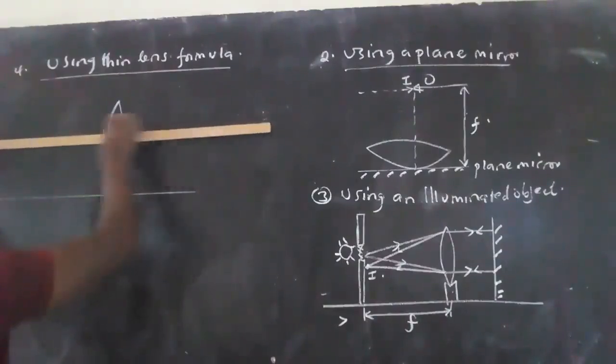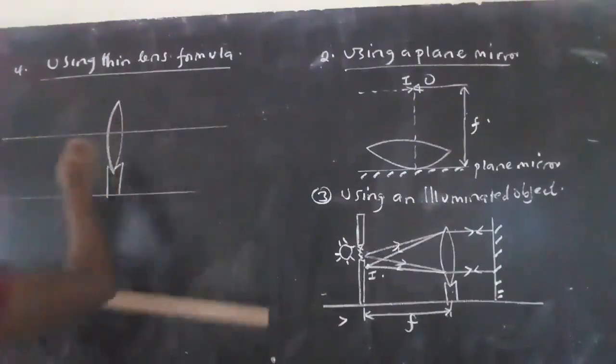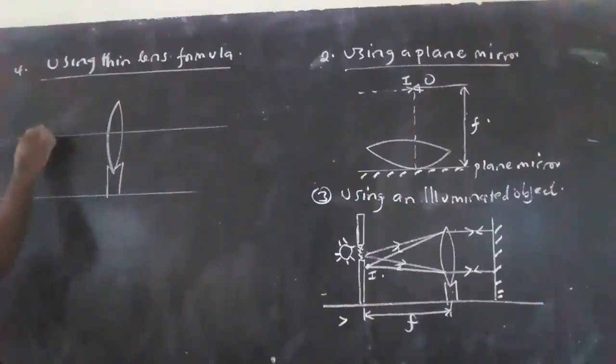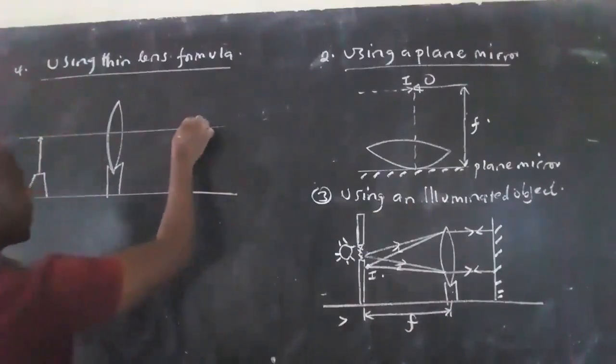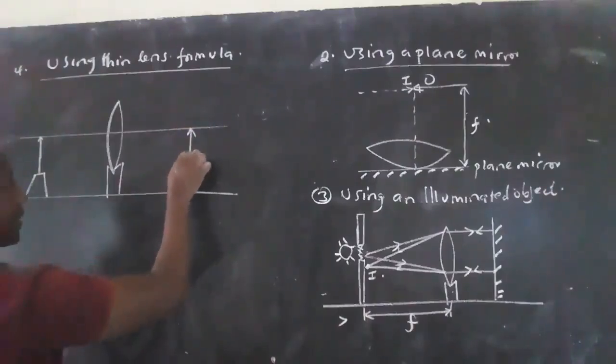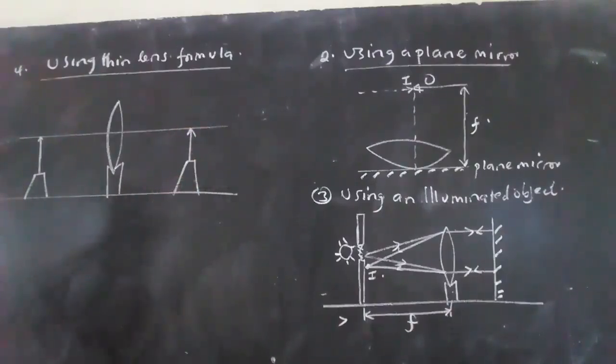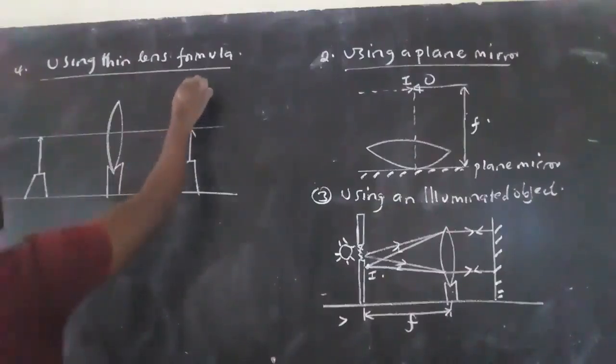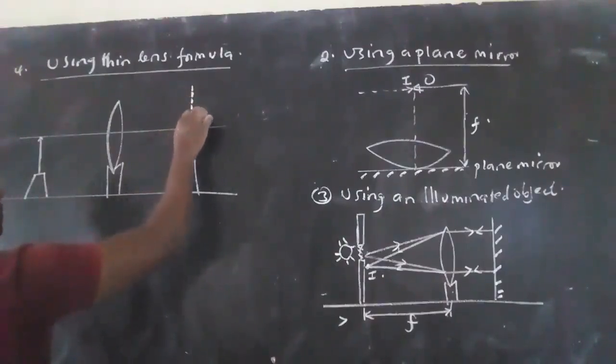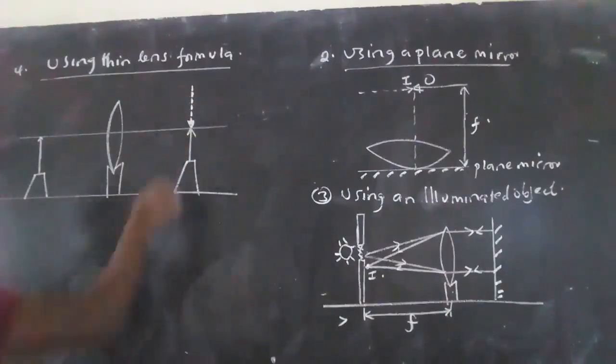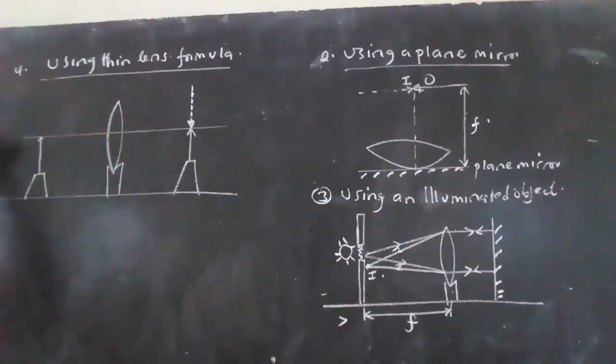Then this is the principal axis. Then here we shall have also another pin such that the tip lies along the principal axis. So this is object A.